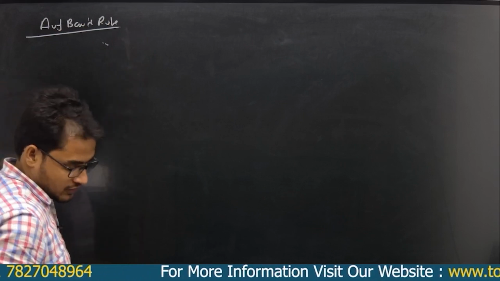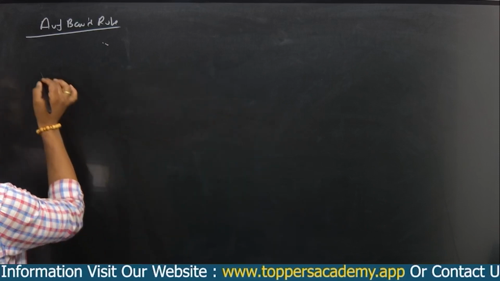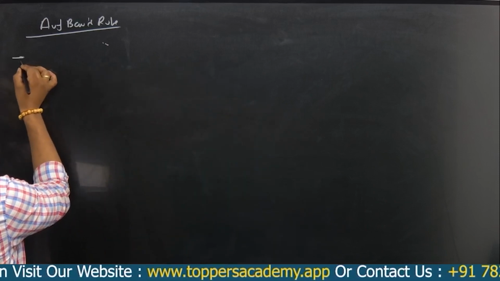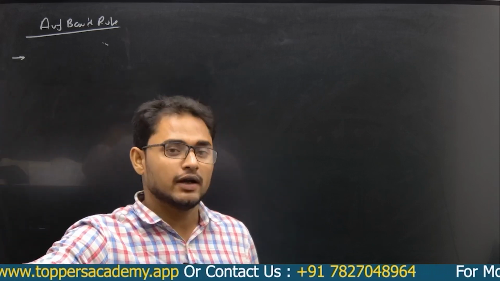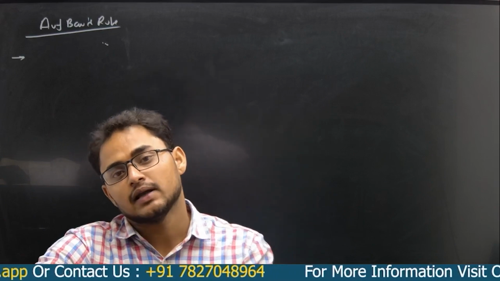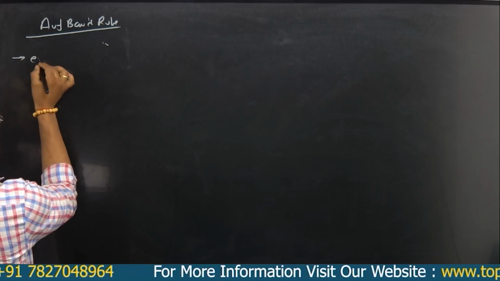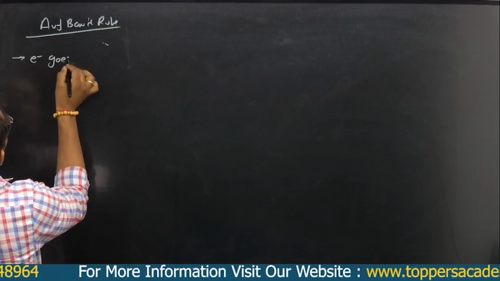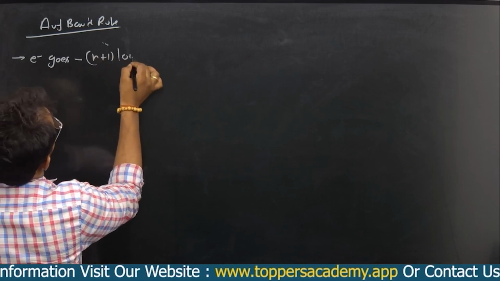The meaning of Aufbau is to build up, right? So it tells that an electron goes to that orbital for which the value of n plus L is lower.